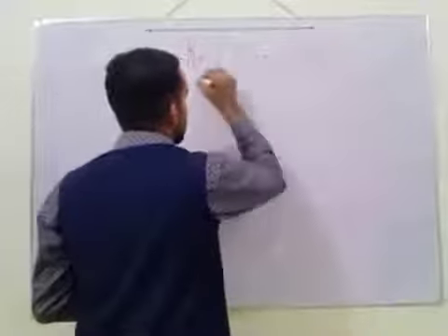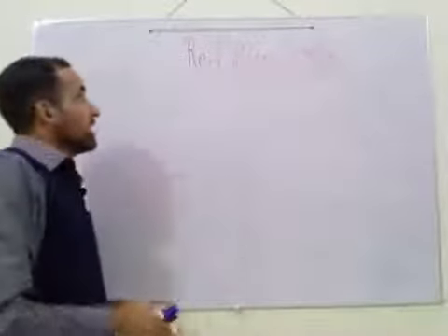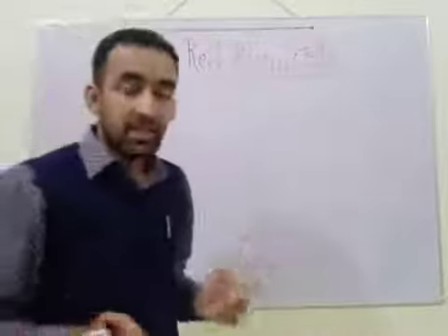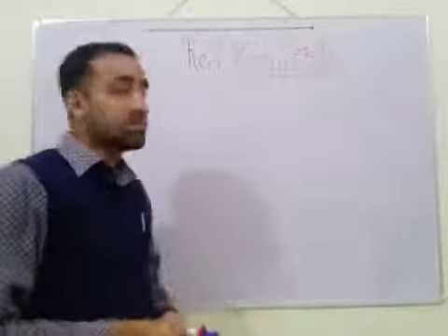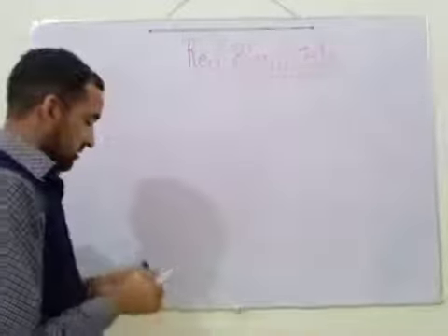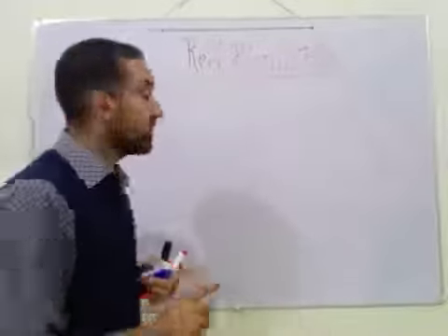Red blood cells. To remember what a red blood cell is, or to define it, we have to remember some words. For example, a red blood cell is an anucleated cell.